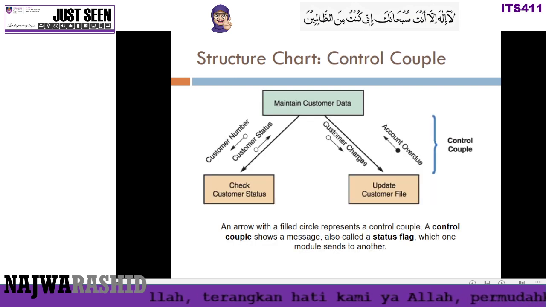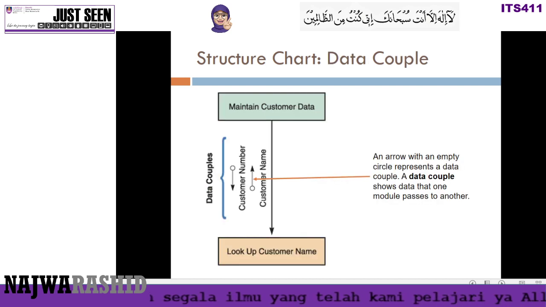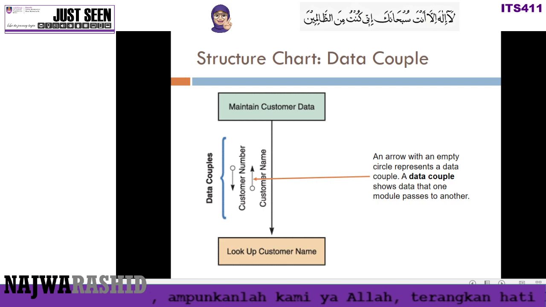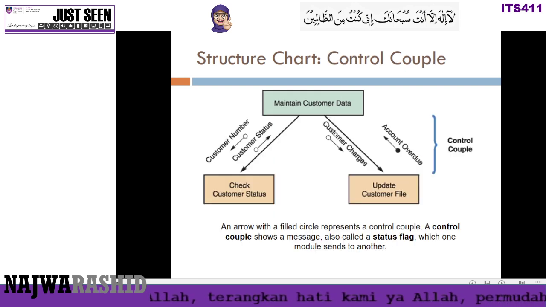Next we have the control couple. A control couple is represented by an arrow with a filled circle. The difference between the control couple and the data couple is the circle: control couple is an arrow with a filled circle, and data couple is an arrow with an empty circle.